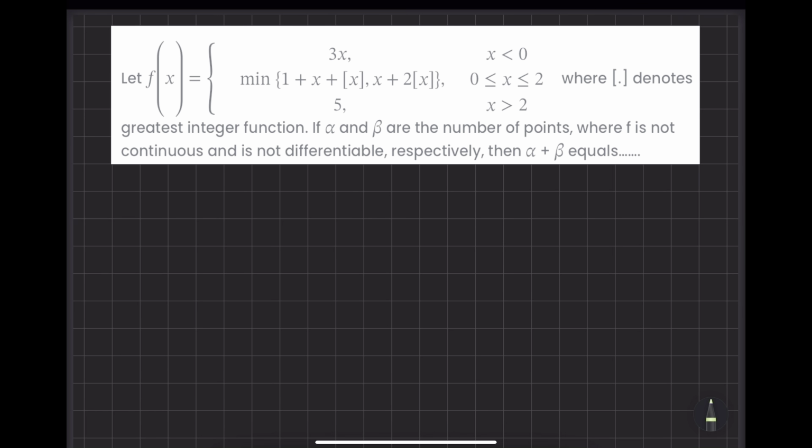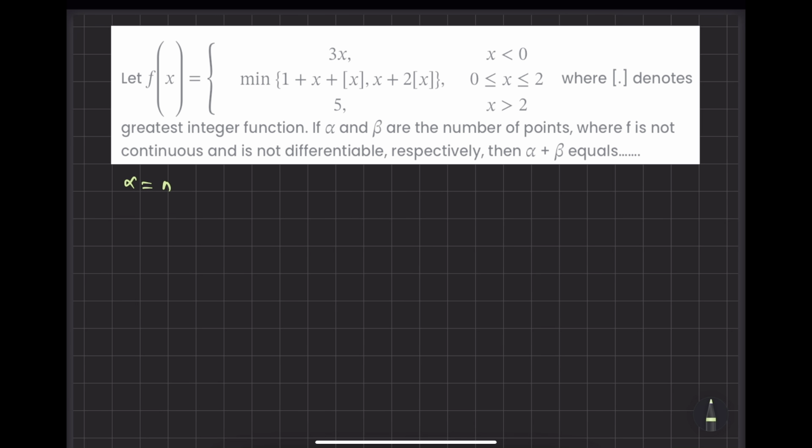So, we got a wholesome new problem which says: let f of x equal to this, where box x denotes the greatest integer function. Alpha and beta are the number of points where the function is not continuous and not differentiable, respectively. Okay. So, who is alpha?